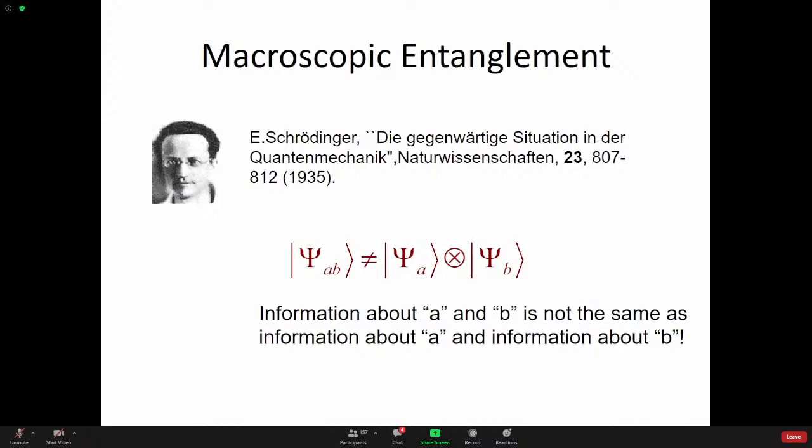So Schrödinger told us that when you have two particles, the states of these particles can be such that you cannot write them as the state of one particle tensor product, if you like, the state of the other particle. They are somehow intertwined in a way that they are inseparable. And of course, this is the famous entanglement.